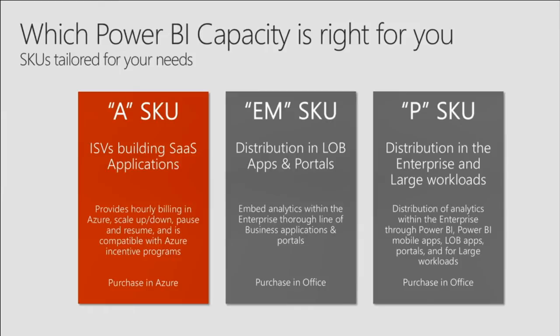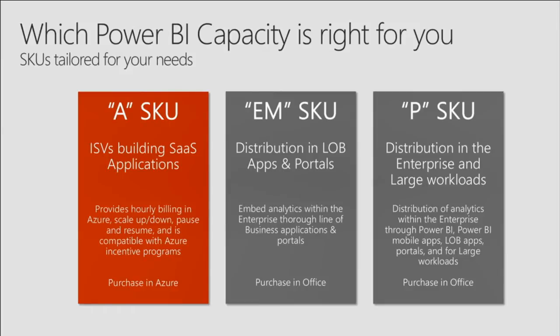Power BI has, for end users, two licensing levels, the Pro license and a free license. And the EM SKU allows you to distribute read-only content to free licensed Power BI users when it's embedded inside a portal or an application. And then the P SKUs. The P SKUs are the best SKUs of all. They do everything the A and the EM SKUs do in terms of capacity and size.